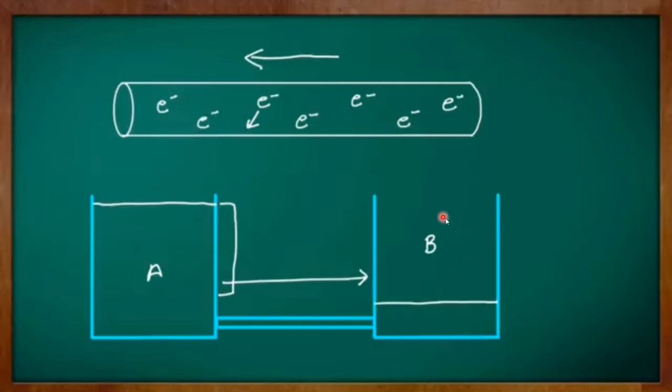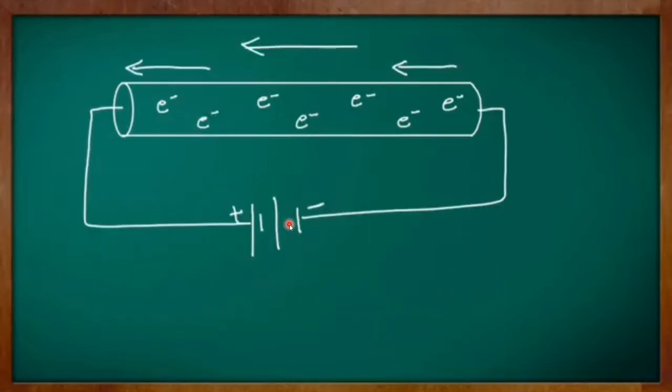So understood? In the same way, we can create a difference even in the metallic conductor. How to create a difference, children? By connecting it to a cell or a battery. Just observe, as I've said, the metallic conductors have free electrons. Electrons are negatively charged, and unlike charges attract each other.